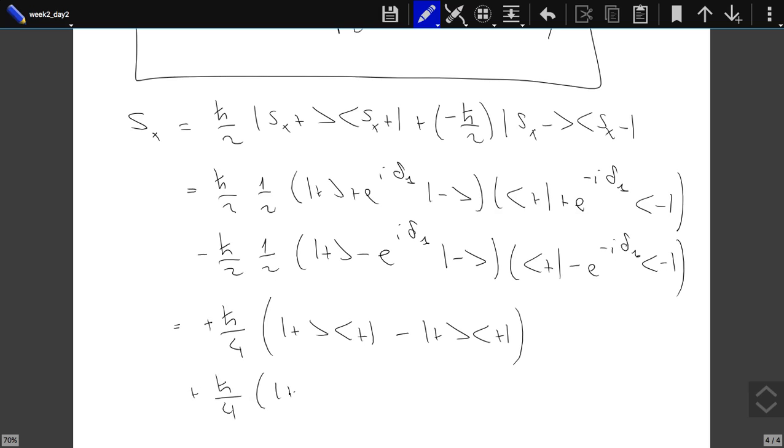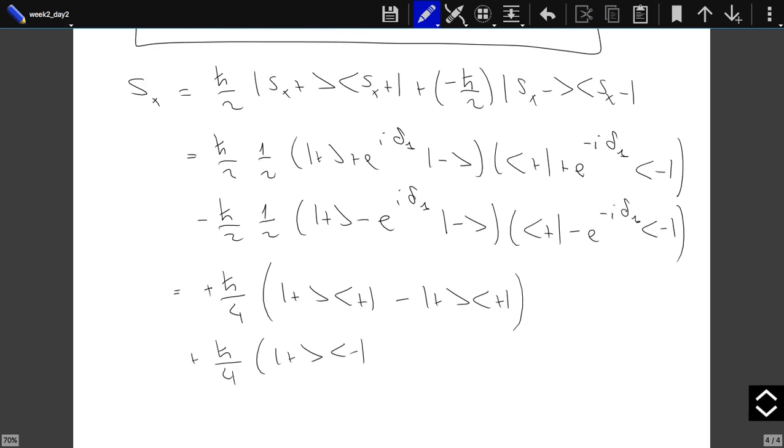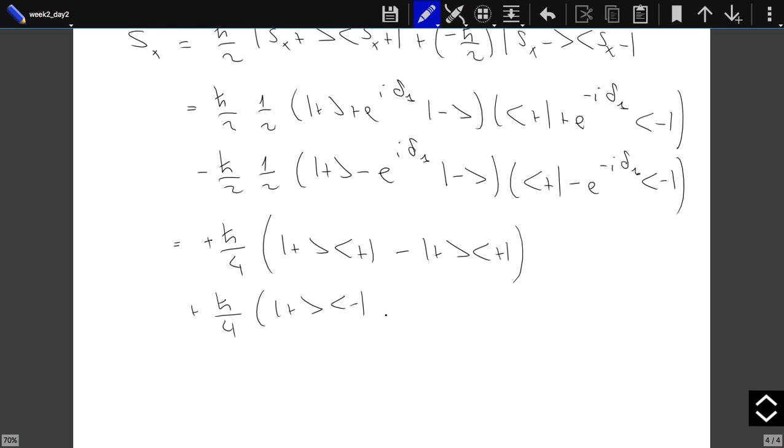Let me look at the plus minus part. From the first line, the plus minus comes with a coefficient e to the power minus i delta 1. And from the second line, plus minus comes with plus e to the power minus i delta 1.